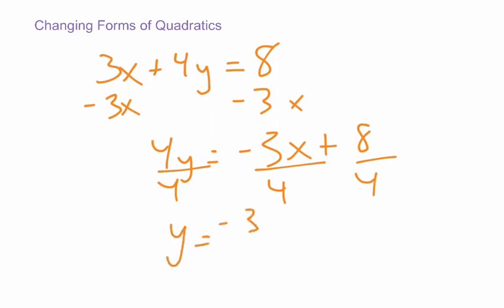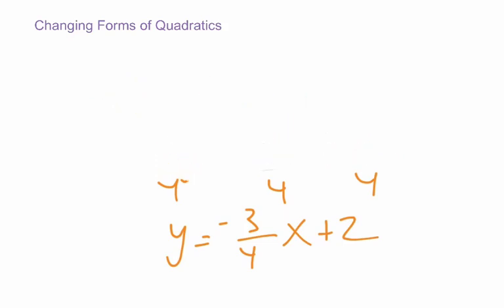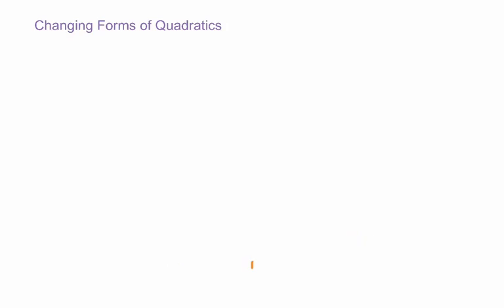The reason you might do that is so that you could graph it or so that you could see the slope of the line. So you have this algebraic skill where you can go from standard form into slope-intercept form, and then in some algebra classes you'll go from slope-intercept form back to standard form. Again, the reason for that is so that you have the flexibility to use the form of the equation that's going to work best for whatever problem you're trying to solve.